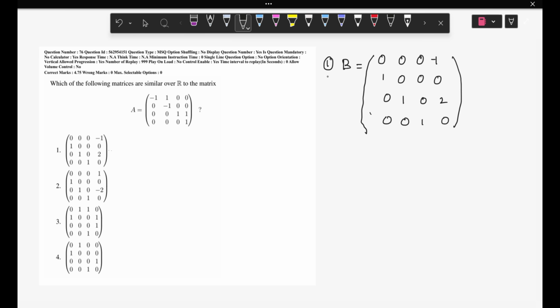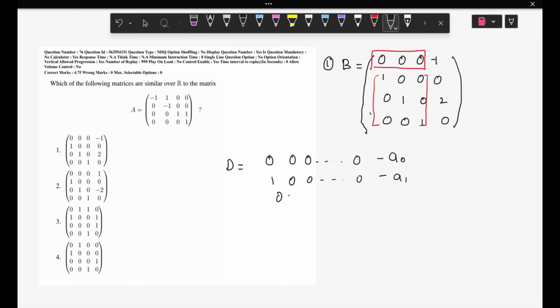Now B is a very special type of matrix. If you look at B very carefully, you will see that this is an identity matrix, and all the elements over the identity matrix are 0. This kind of matrix is called a companion matrix. Let D be a general companion matrix. A general companion matrix looks like this: 0, 0, 0, 0, and the first term I am taking as minus a0, 1, 0, 0, 0, minus a1, 0, 1, 0, minus a2.